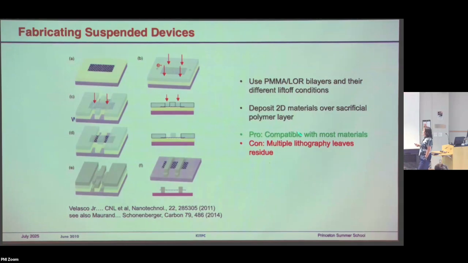The nice thing about this is that it's compatible with most materials because it doesn't need acid etching. The flip side is that you have to do many lithographies, in this case, for example, three, and they leave residue.